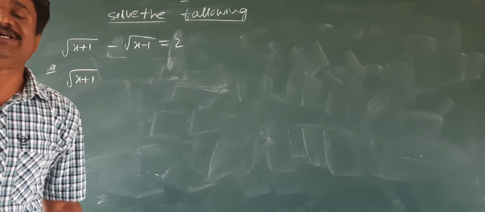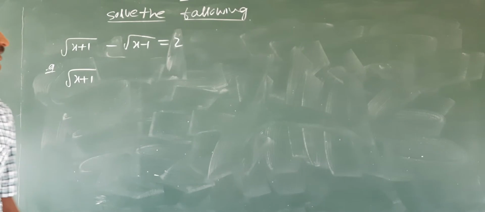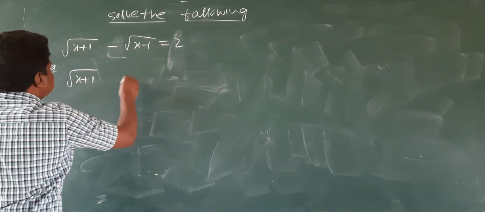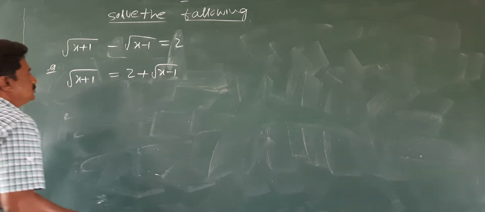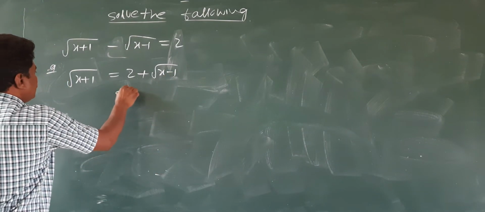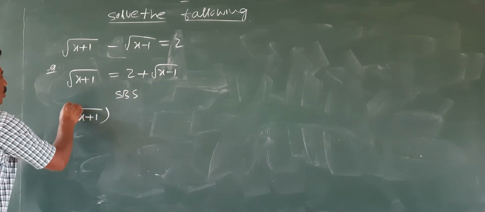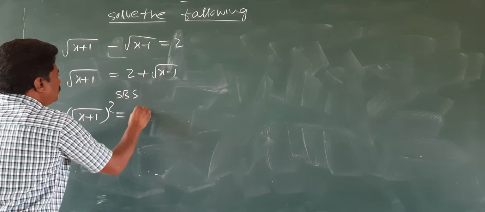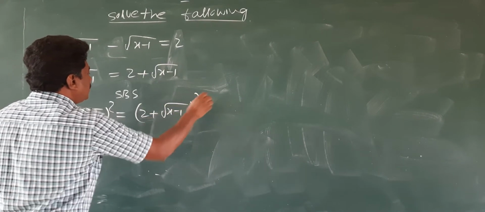You follow the same method which we applied to solve the previous problem. So you send this to the right side, students: 2 plus root x minus 1. Squaring both sides. So root x plus 1 whole square is equal to 2 plus root x minus 1 whole square.